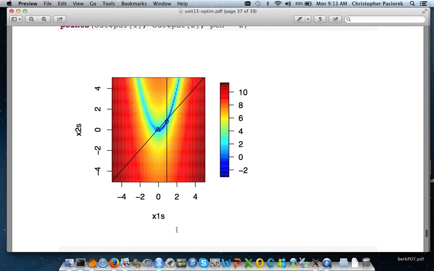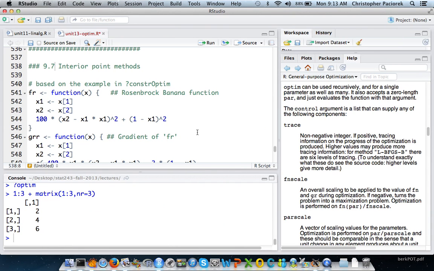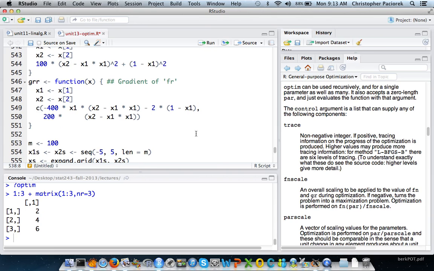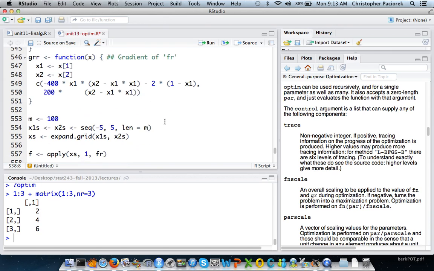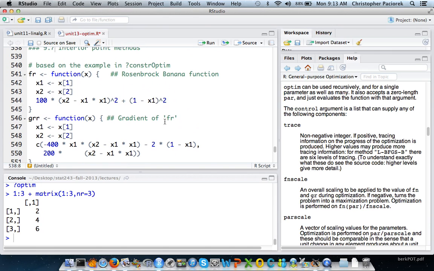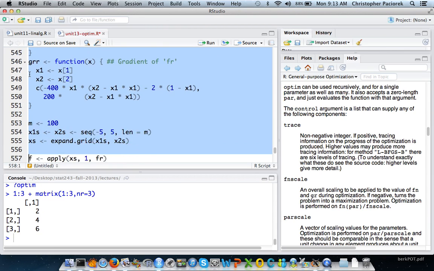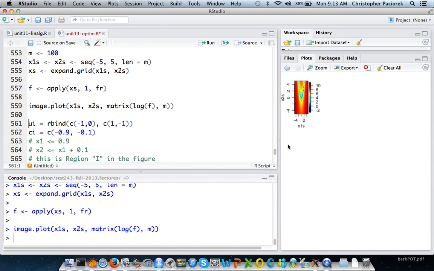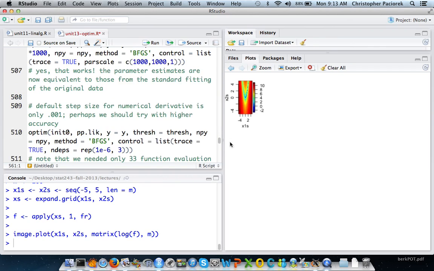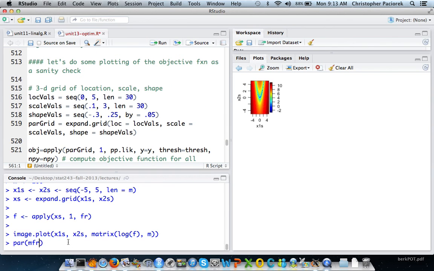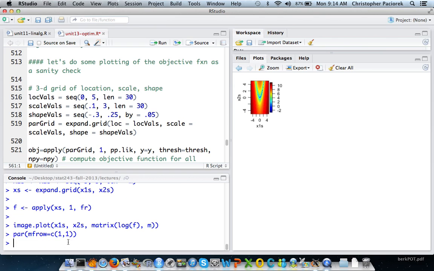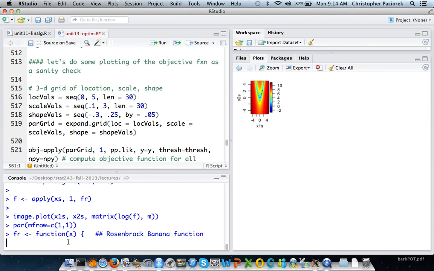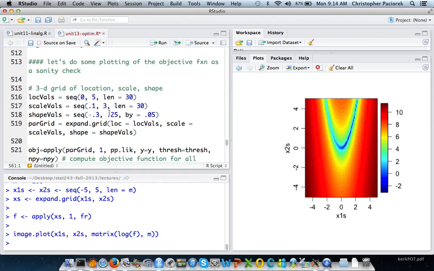And if we want to do that in R, here's the gradient explicitly computed analytically. And then I have code where I'm just doing the plotting, so I need to source all this. Okay.